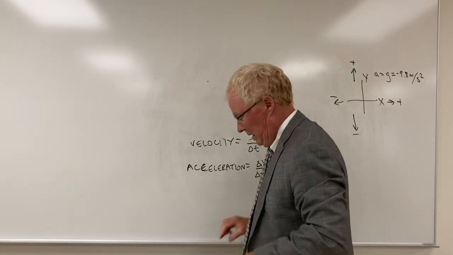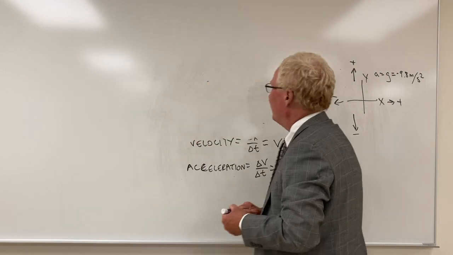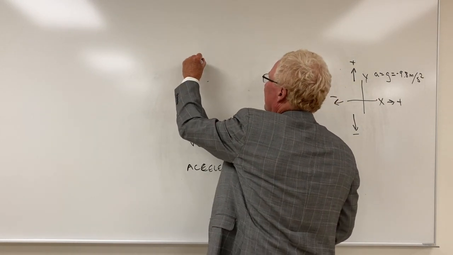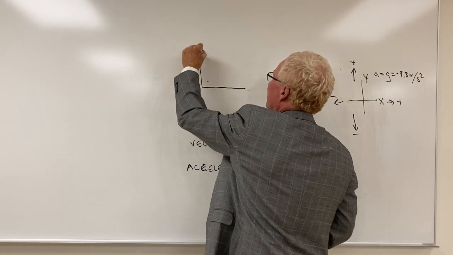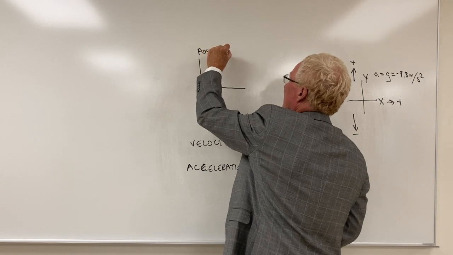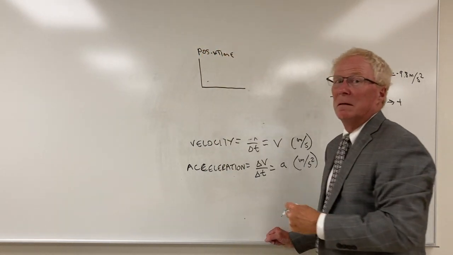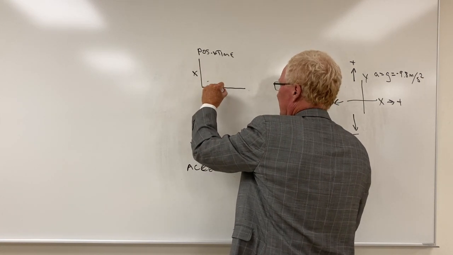Okay. Moving along here a little bit. So if we do this as a graph, we'll be looking at graphs. We can do position versus time. And in this case, we have x versus t.